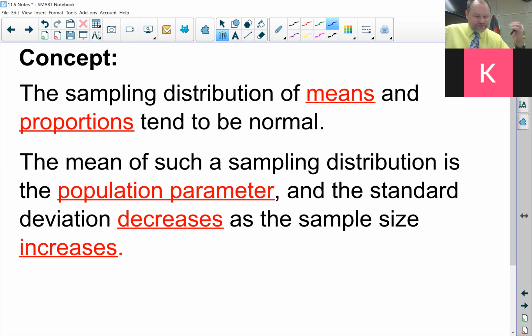And so here we're actually saying, this is what happens. Our standard deviation, the amount that we vary from the mean, gets smaller as the number of people that we survey, or the bigger our sample size gets. As that gets larger, the variation gets smaller. All right, moving on.